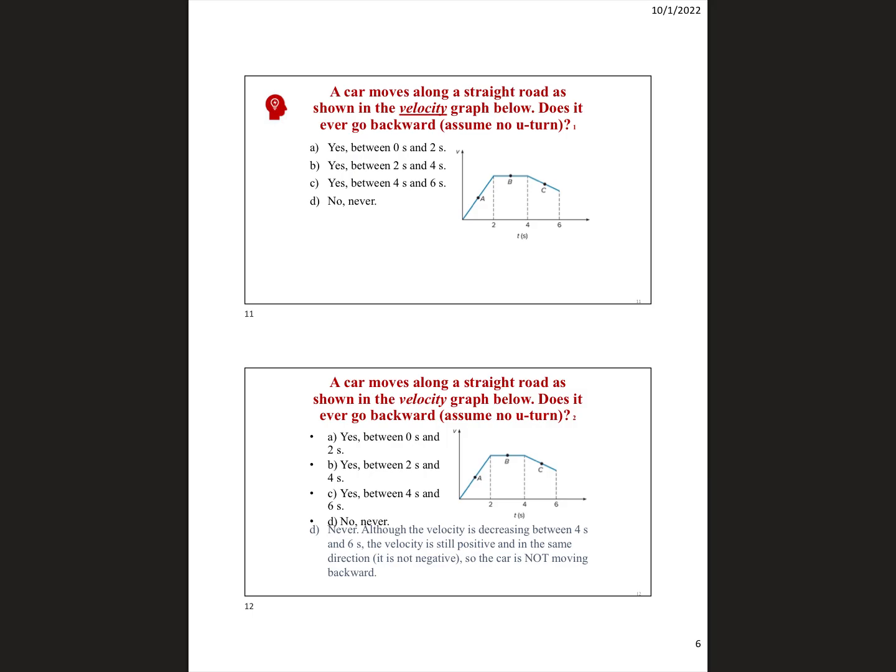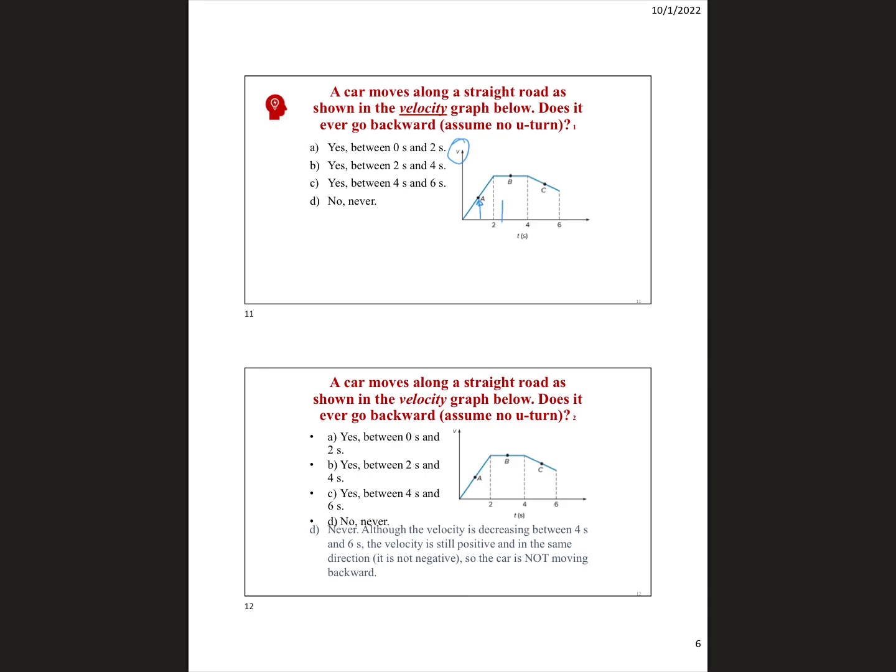Now, a car moves on a straight road as shown in the velocity graph. So you have to pay attention that this is velocity. Does it ever go backward? Assume no U-turn. So the velocity is positive here and big.